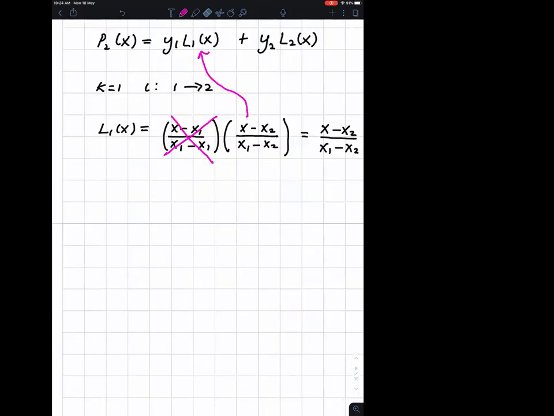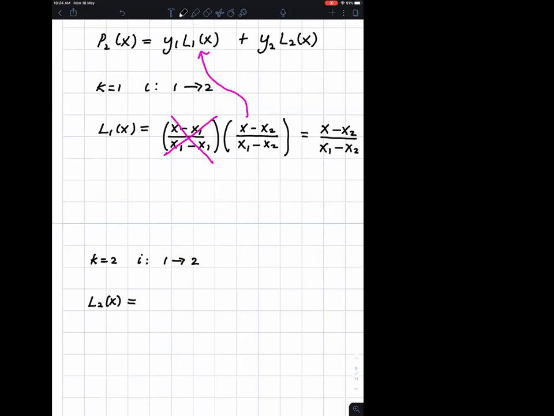The next k is 2. As usual, i goes from 1 to 2. So this is going to be L2(x), same as before.